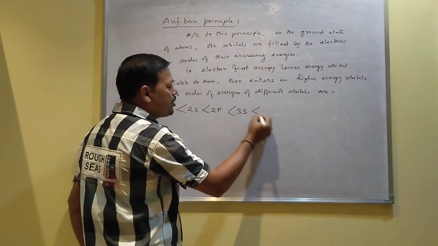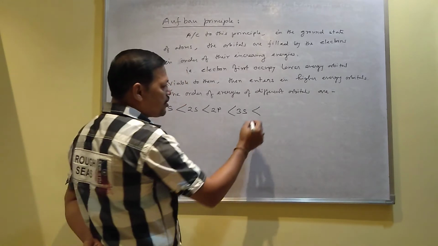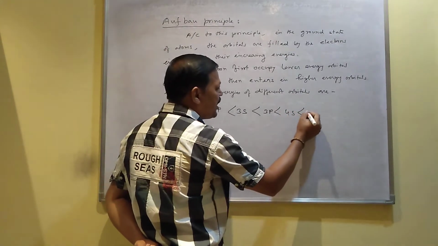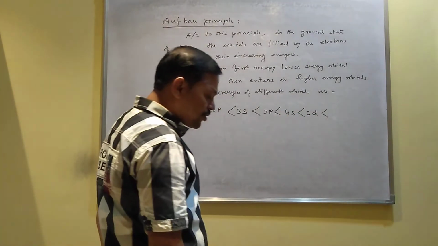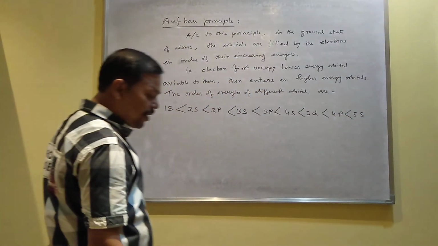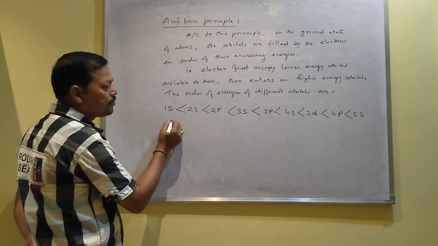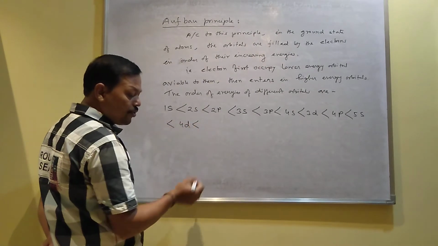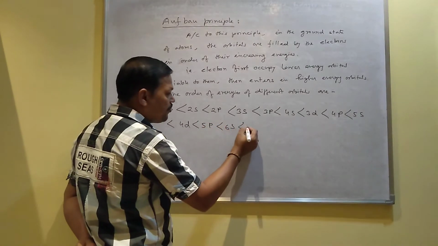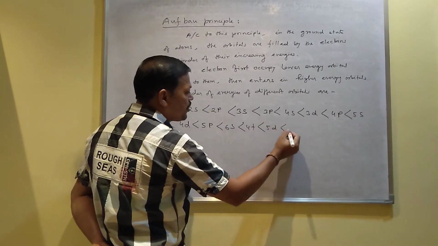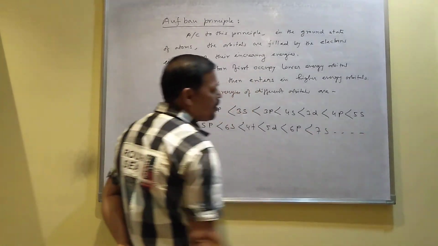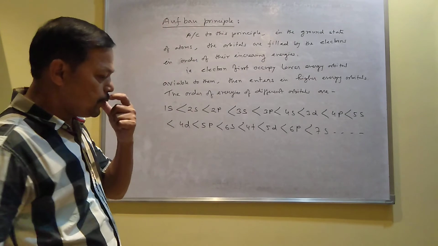So based on their energy, you have to fill them up. Then after 3s, you will get 3p. After 3p, you will get 4s. Then 3d. After 3d, you will get 4p. Then you will get 5s. After 5s, you will get 4d. After 4d, you will get 5p. Then 6s. Then 4f. Then 5d. Then 6p. Then 7s. Like this, you will get the order. Up to this, you have to know.